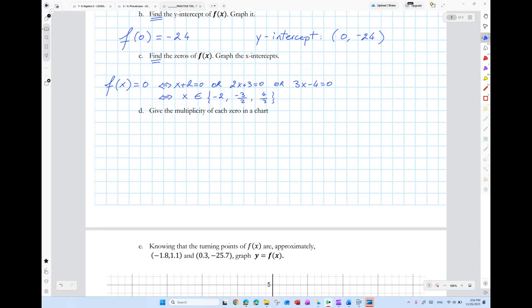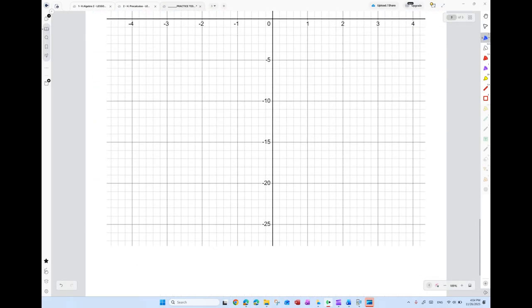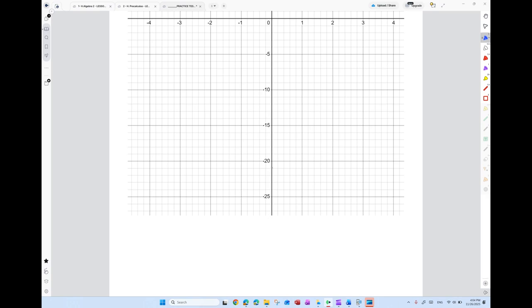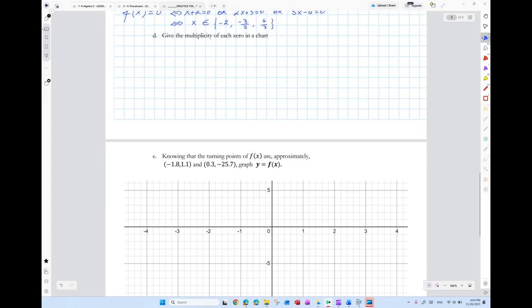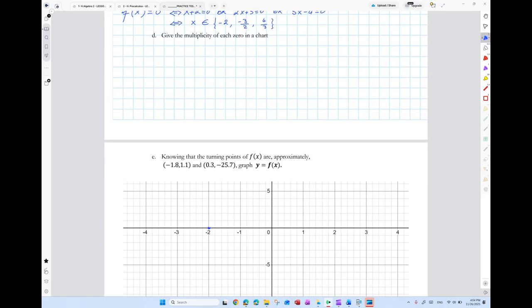So the y-intercept is at negative 24, right here. And I'll have a 0 at negative 2, at negative 3/2, which is negative 1.5, and at 4/3, which is 1.3 repeating. So roughly here.